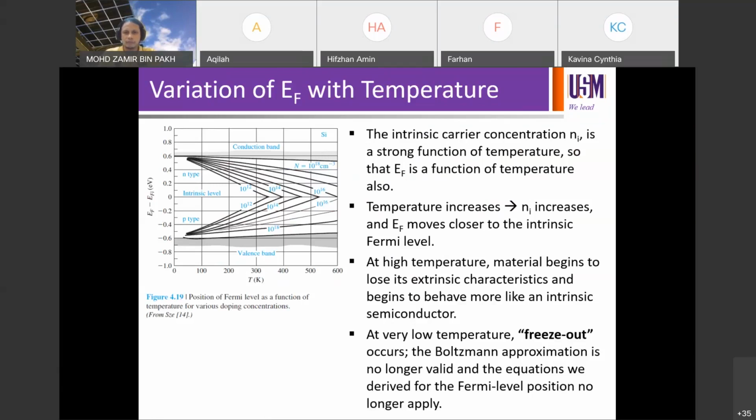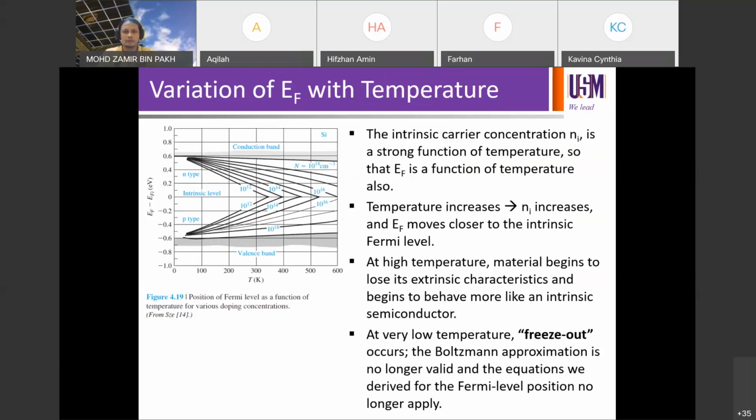So EF is a function of temperature as well, because your Ni is also a function of temperature. So you can also say that your Ni is also a function of EF, because both depend on temperature to begin with.